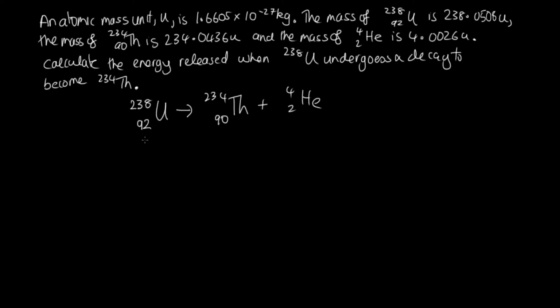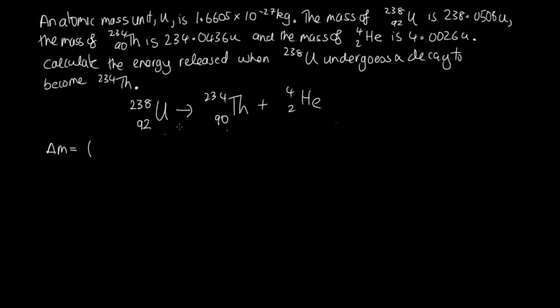Now what we're going to need to do is work out the mass of the left-hand side and the mass of the right-hand side, and the difference is going to be the mass defect, and that mass defect is converted into energy. So the change in the mass, well, we know it's going to be a mass loss, so we'll write it as the initial mass minus the final mass, and that'll just get rid of that negative sign for us so that we'll end up with a positive answer.